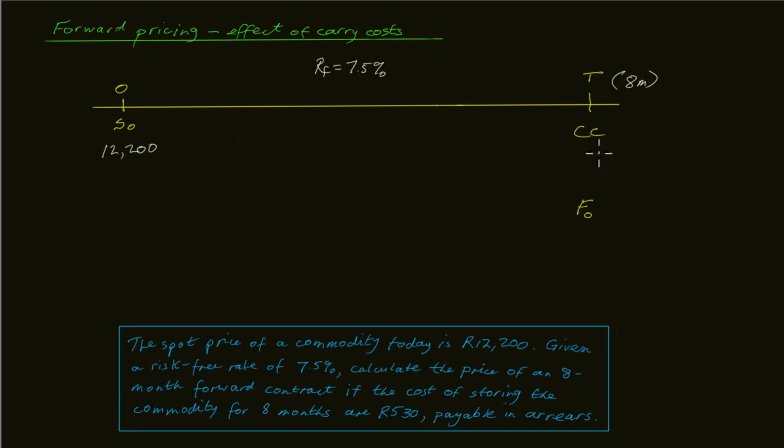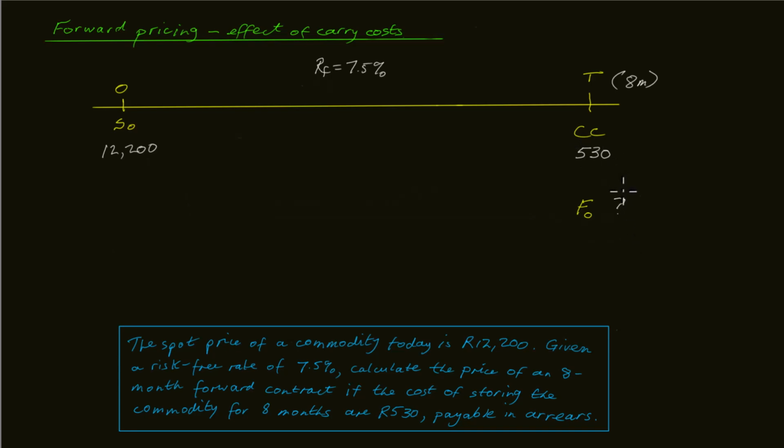We are asked to calculate the forward price of this particular contract given that there are costs of storing the commodity for 8 months of 530 Rand payable in arrears, and therefore that payment is at time capital T.